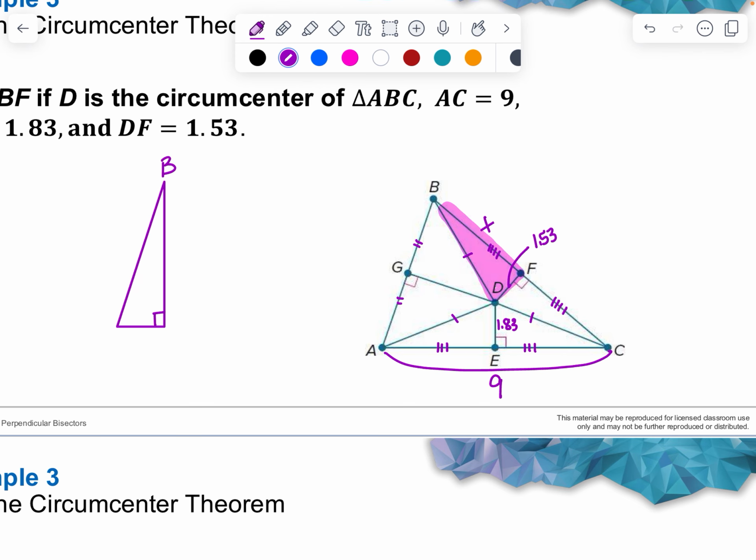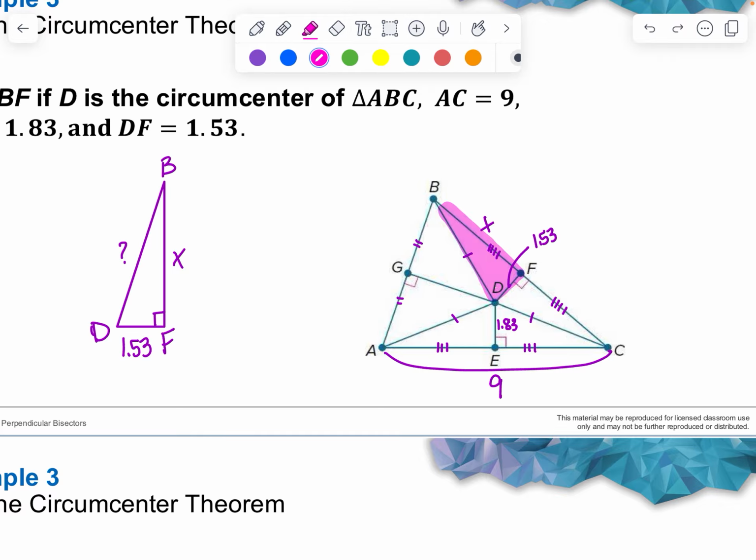It goes BF. There's an X there. 1.53. I still don't know. This is a D here. There we go. I don't know what this one is. However, I know it matches with this guy and this guy. So maybe I can solve one of them.